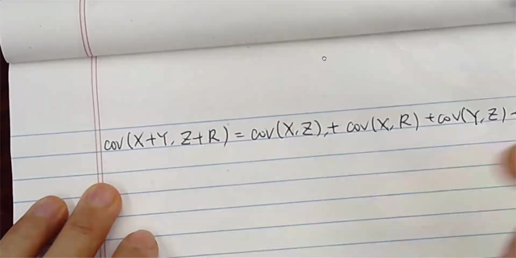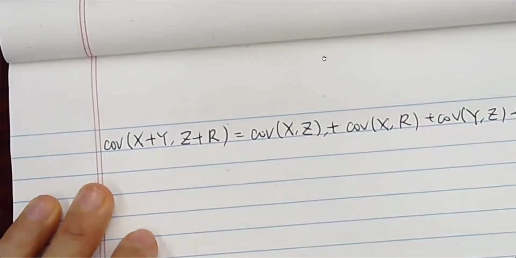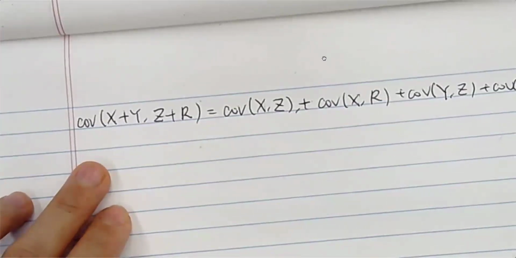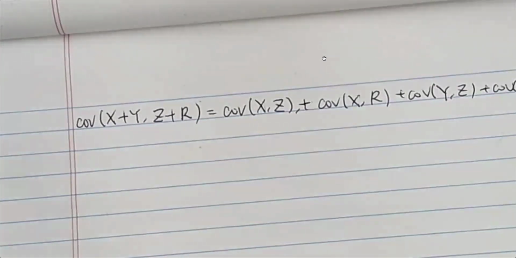Some terms are 0 because of independence. I think the best way to understand this is to go back to the definition of covariance as the expectation of products. Basically, this expansion is due to the expansion in the product rule.